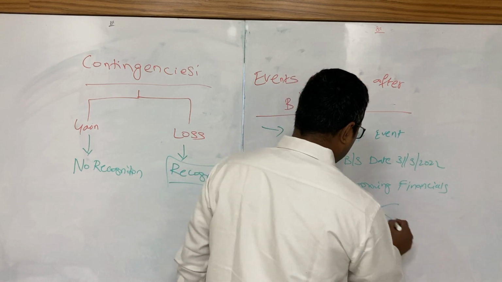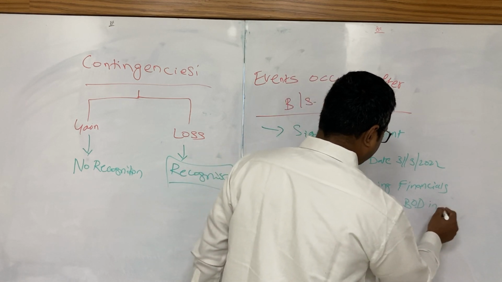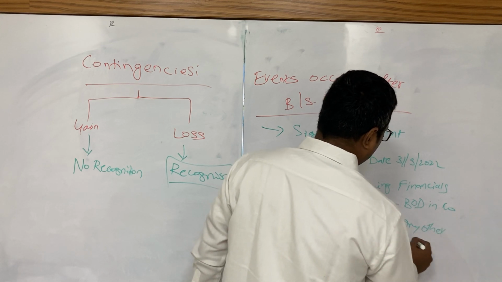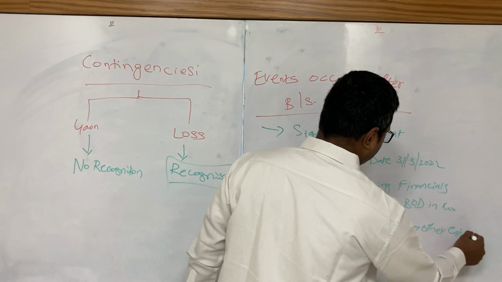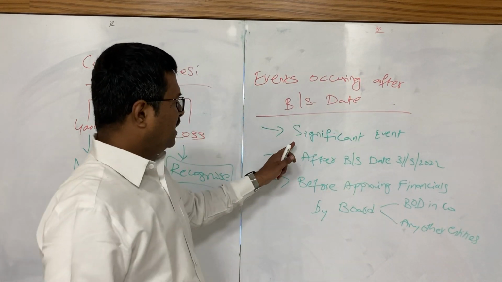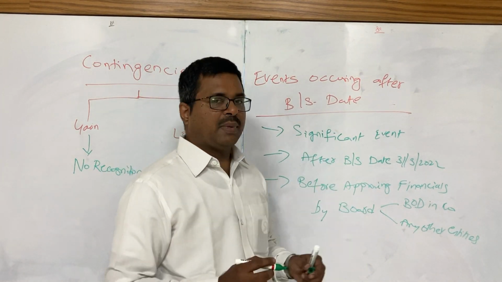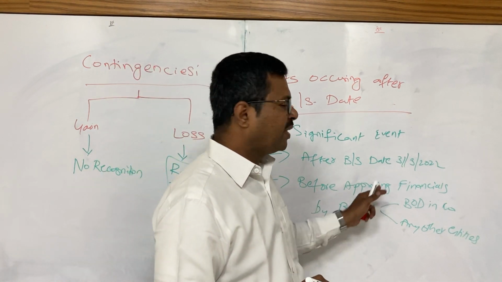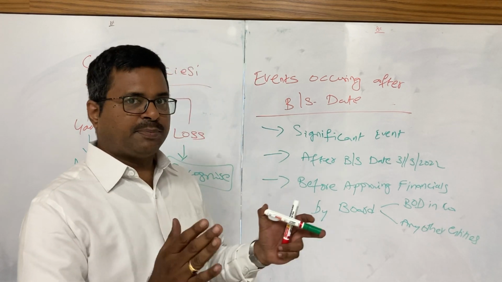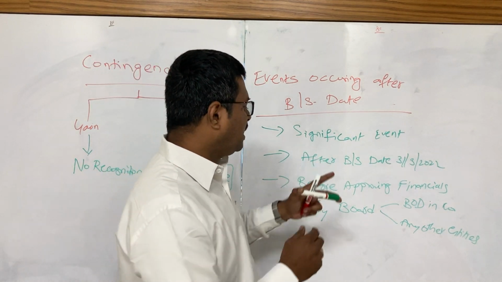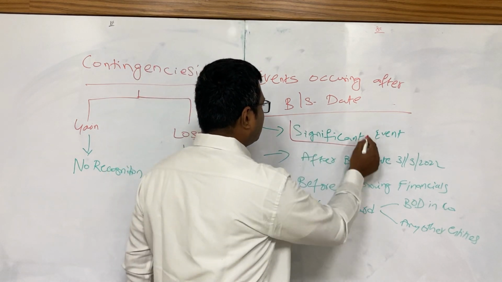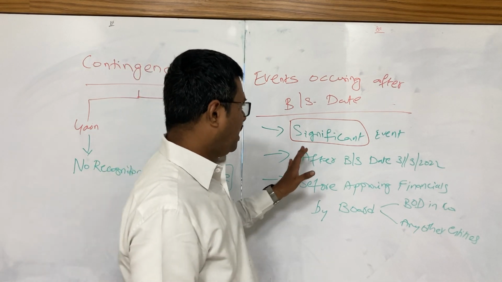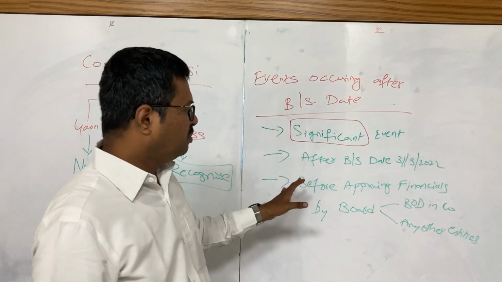Board here means either board of directors in case of a company or any corresponding board in case of other entities. So any significant event occurring after the balance sheet date, but before approving the financials, between this period, if there is any significant event, it is only significant events, not all events, then it has to be taken into books of accounts.